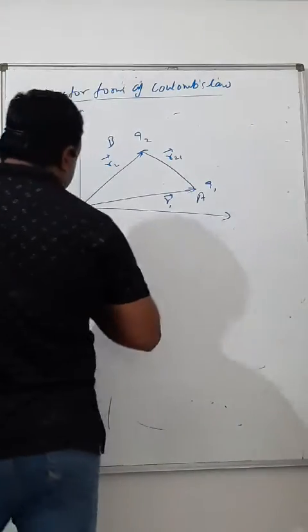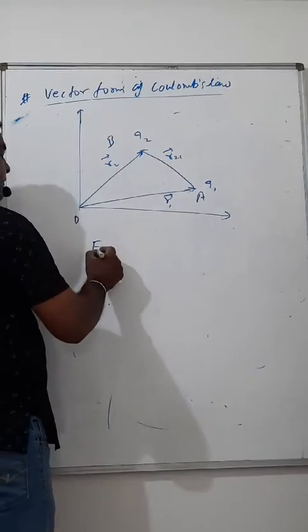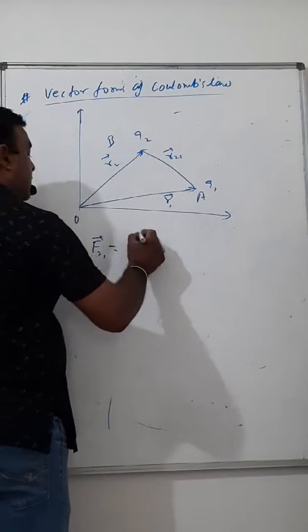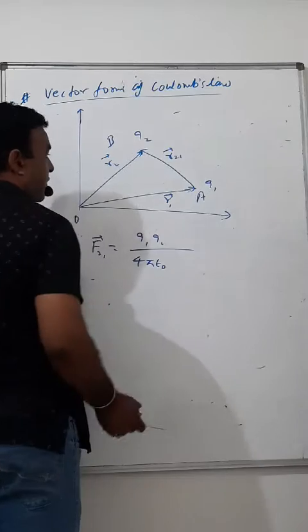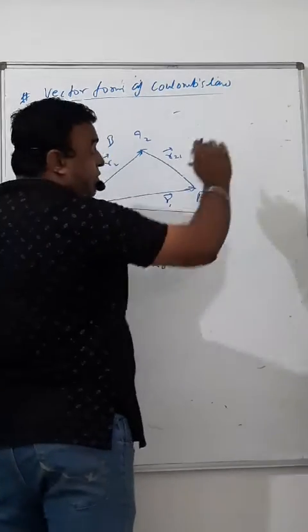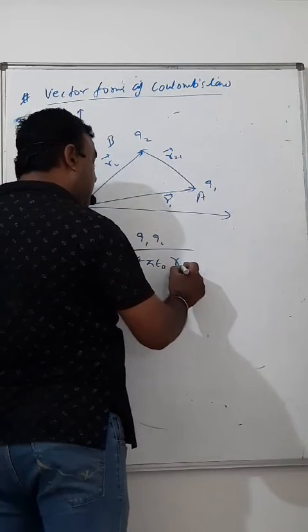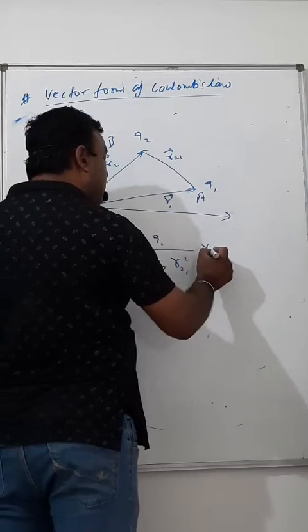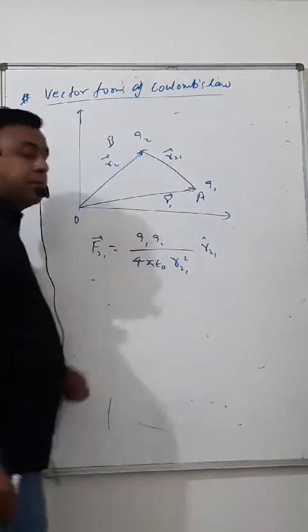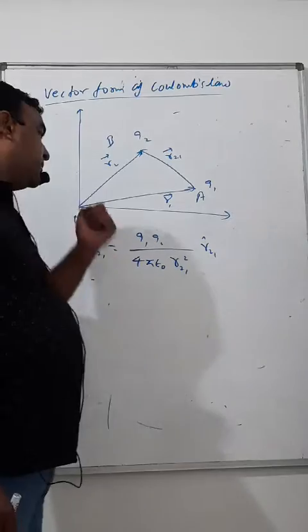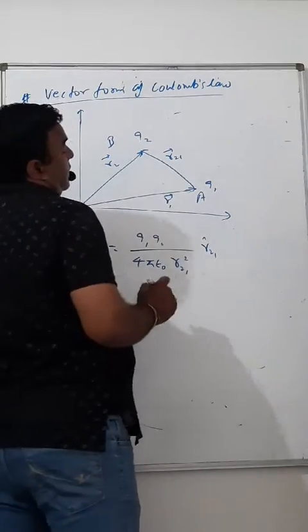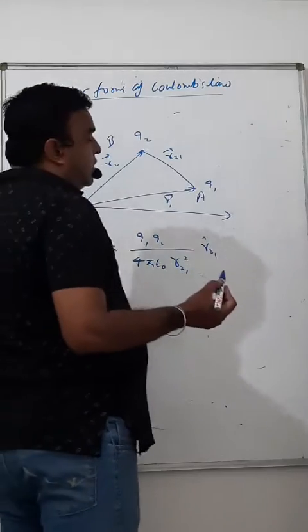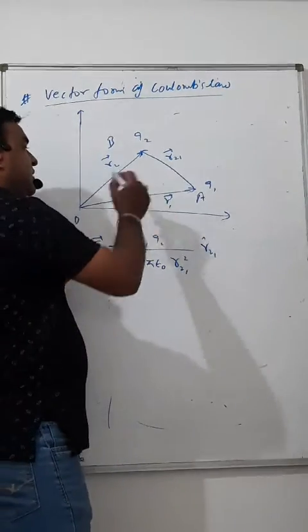That means F21 is Q1 Q2 upon 4 pi epsilon. In that case it was only R, now it is R21 square, R21 cap. Now it becomes simpler for you. Now we need to discuss only about this R21.